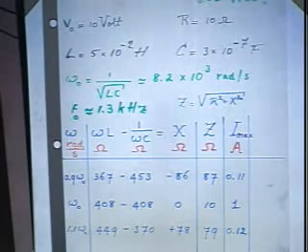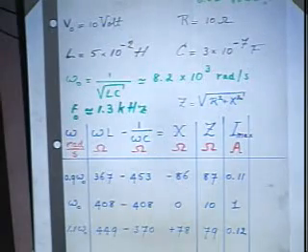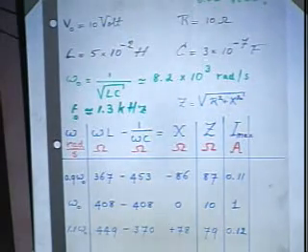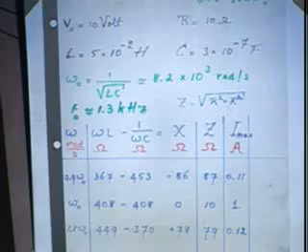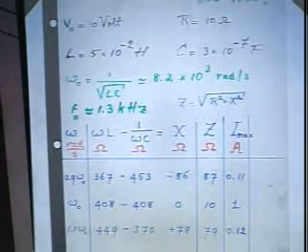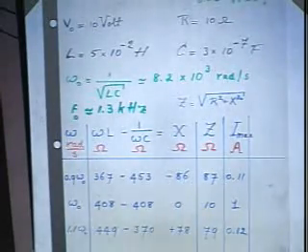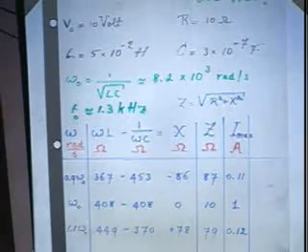We have here, given our L and C, 5 times 10 to the minus 2 Henry and 3 times 10 to the minus 7 farads. The resonance frequency is a little over 8,000 radians per second. You see it here in kilohertz, and you see here the impedance.